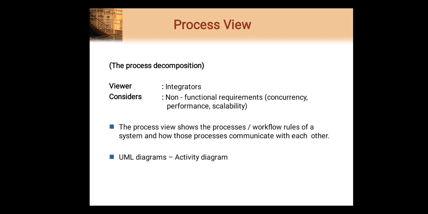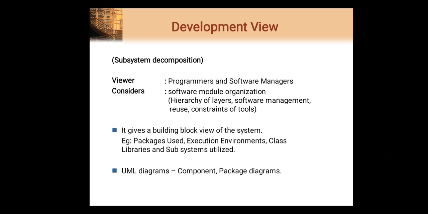It is nothing but the integrators, who consider all the non-functional requirements, that is concurrency, the performance of our system, what the scalability is, how scalable it is. All these things are considered by the integrator, and this view is from the perspective of the integrator. The UML diagram used for representing this process view is the activity diagram.